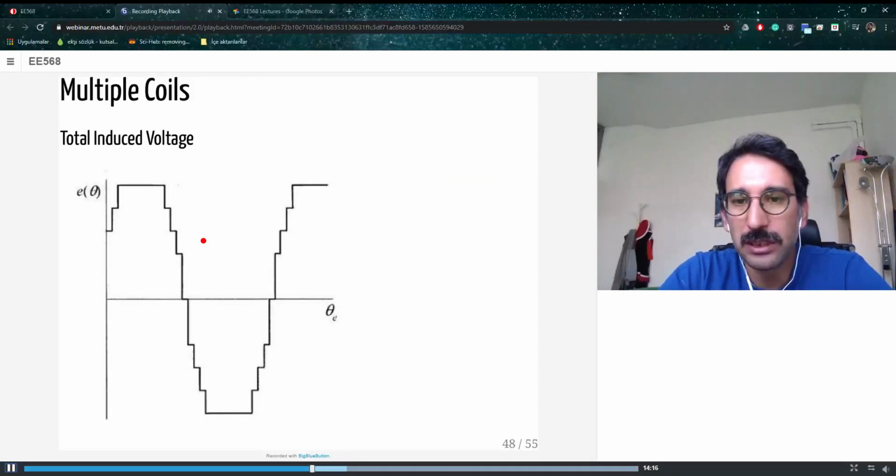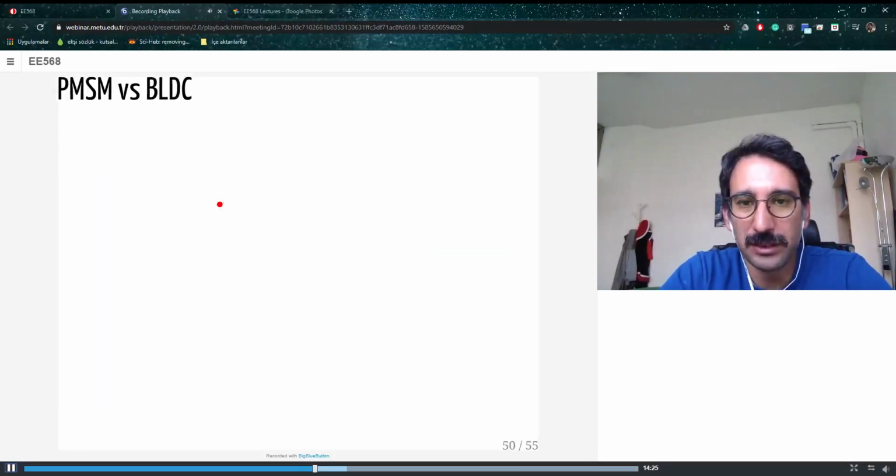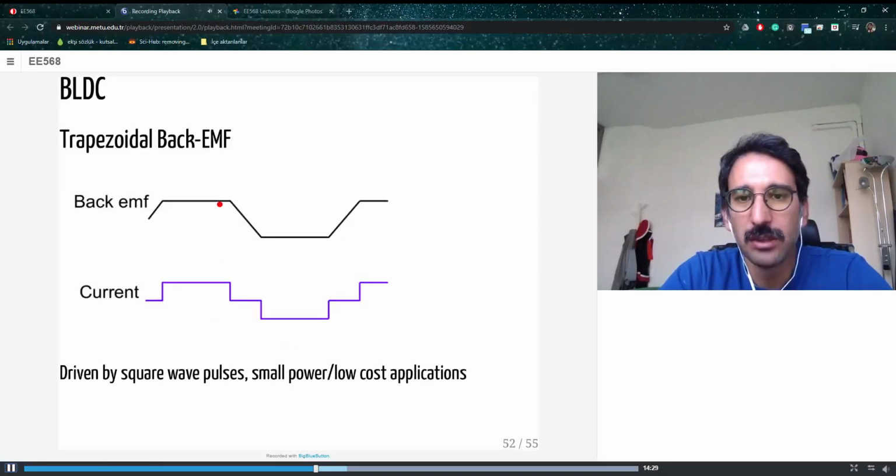So you will not have the option to connect those things in series to obtain a sinusoidal waveform, but most of the time you will have that kind of a waveform. And they are called BLDCs because if you look at the back EMF, it is a trapezoidal back EMF.